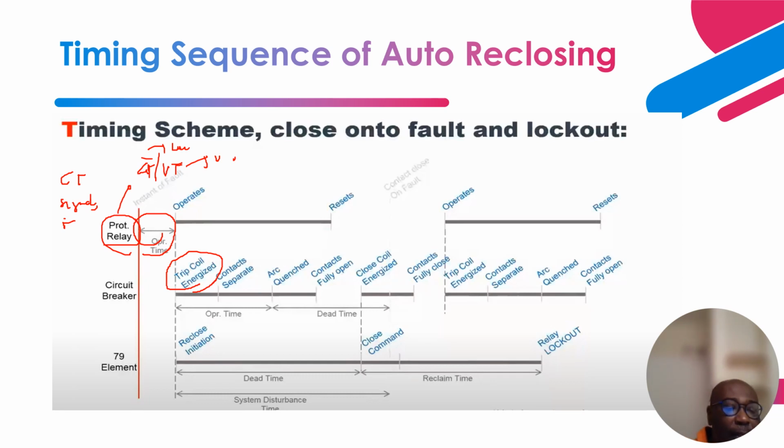Most often, breakers have only one trip coil for medium voltage applications, but for high voltage applications, they have two trip coils and two close coils. The trip coil gets energized, and after a period of time, the contacts start to separate. The separation of the contacts creates an arc which needs to be quenched.